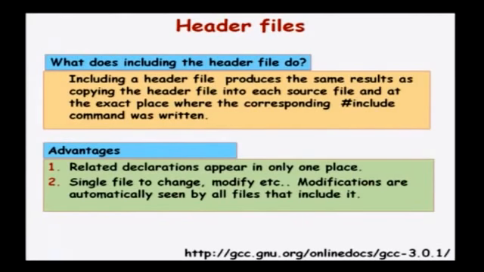This happens at exactly the place where the corresponding #include command was written. The advantage of having the header file and #include is that related declarations appear only in one place. And if you want to change a particular function or a declaration of a function, you just have to change it in a single file, and all files which include that header file will automatically see the change.